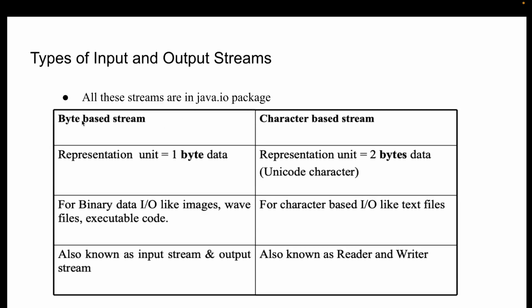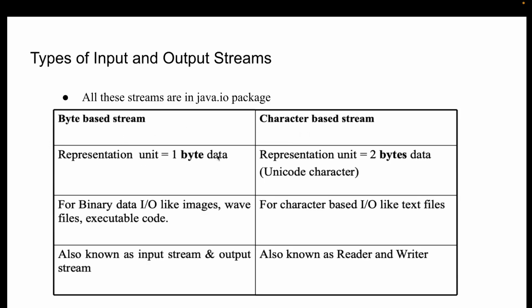Let's see this. We have byte based stream and we have character based stream. So there are two ways in which we will read and write data from different sources. By sources I mean files, and we can also think of images. These are basically sources. So we have two streams, the byte based stream and the character based stream.